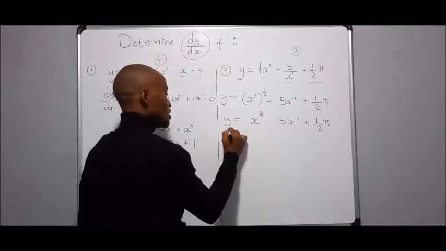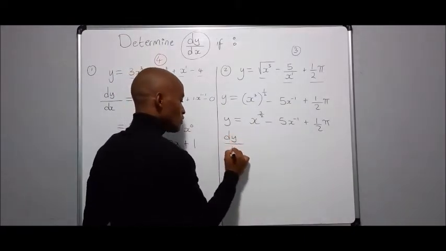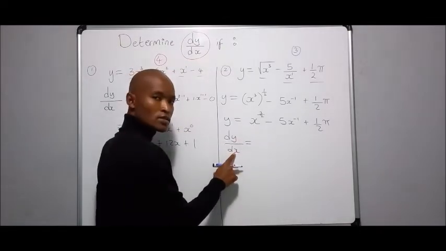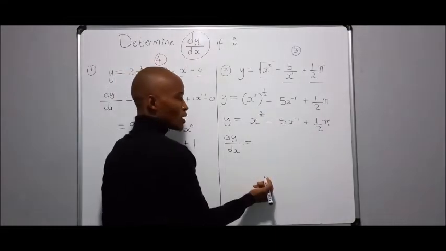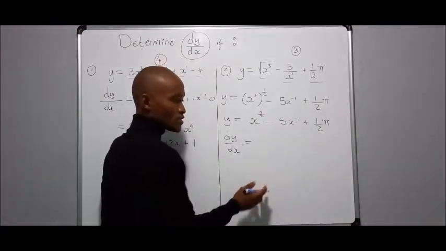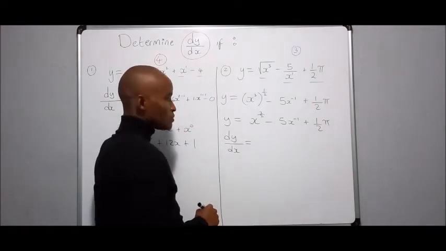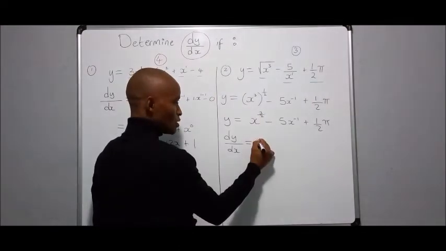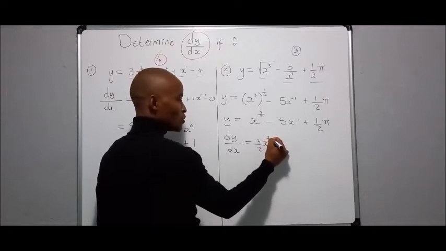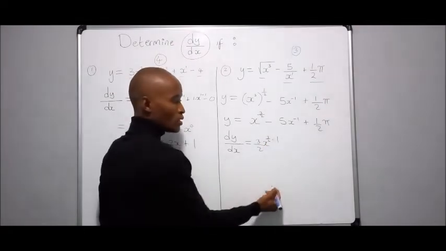So now you bring in your notation dy over dx. You are ready to differentiate y with respect to x. How? Power rule will now apply. As you can see, it's a difference of functions, the sum of functions. So we're just applying those 2 rules at the same time. You drop your exponent, 3 over 2. The resulting exponent will be 1 degree less than the original one.